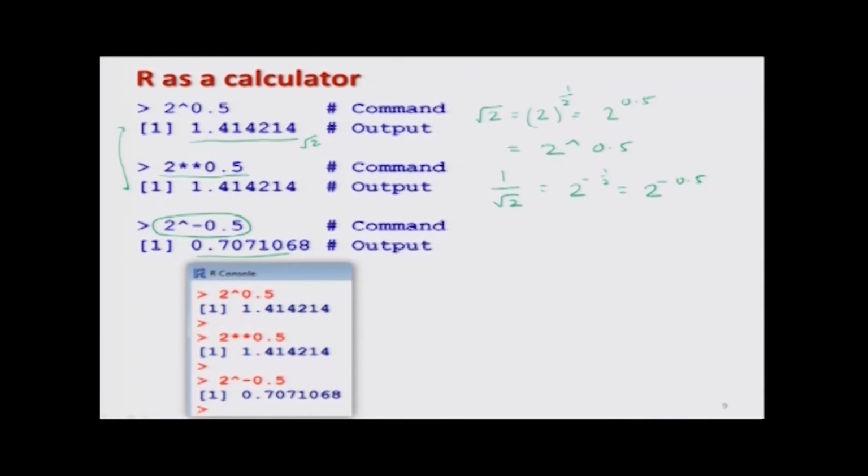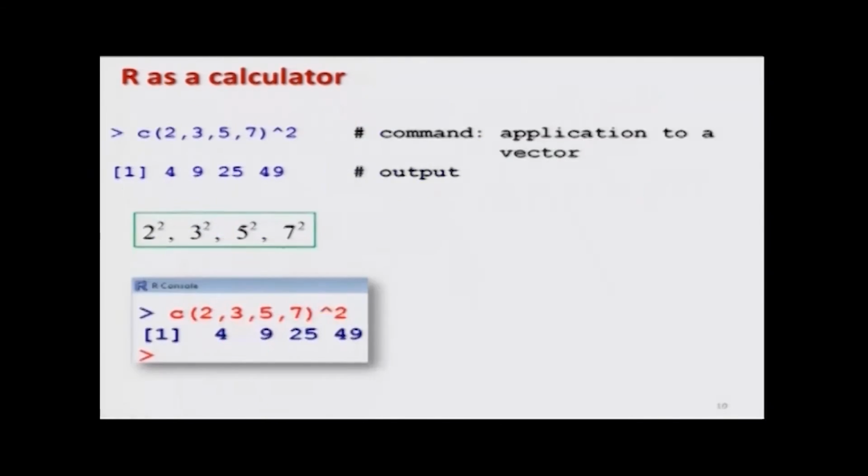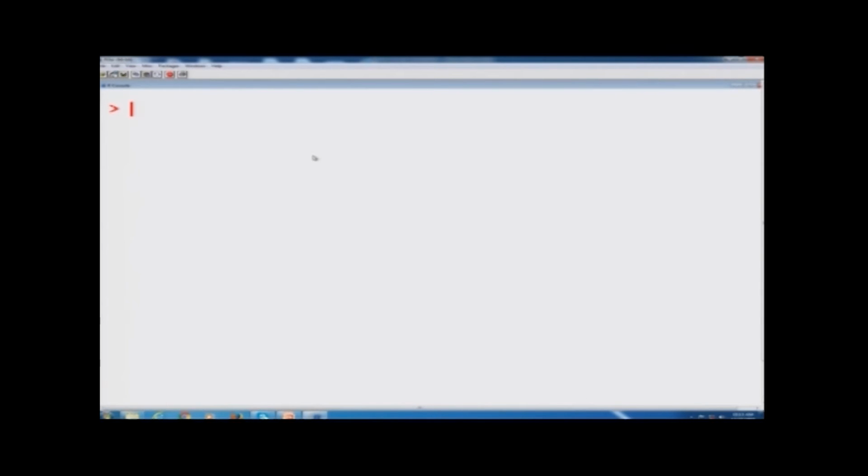Right. Okay. So let us just do these operations in the R GUI window also. If I write 2 hat 3, this is 8, and 2 star star 3 is again 8.